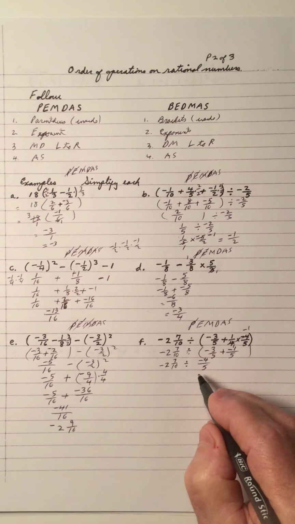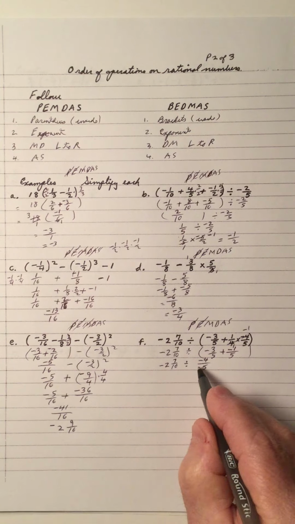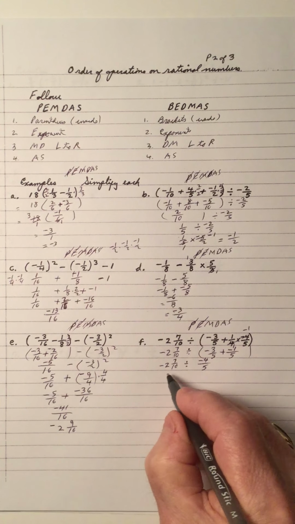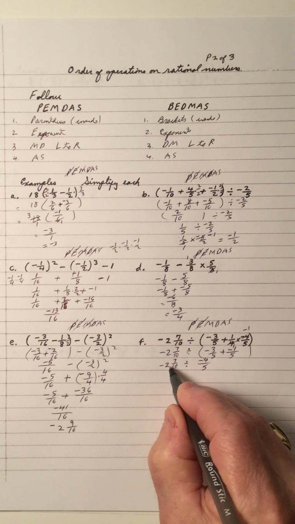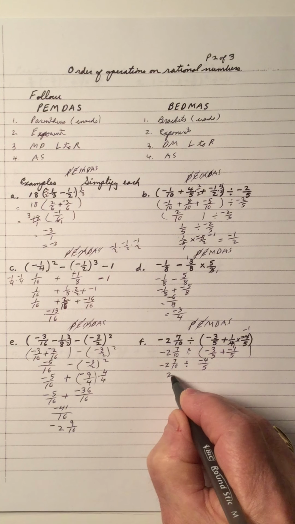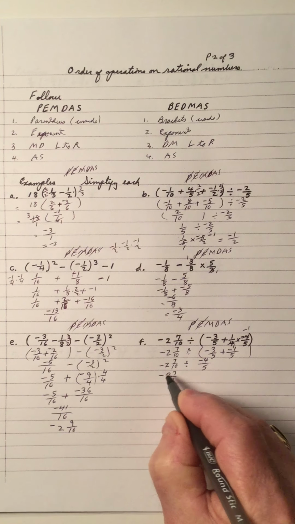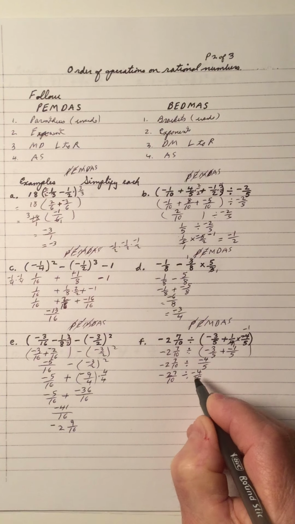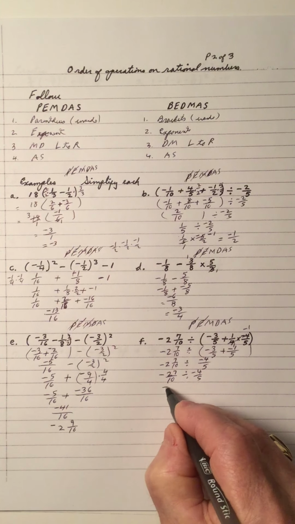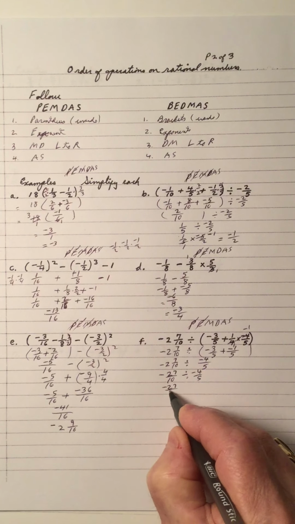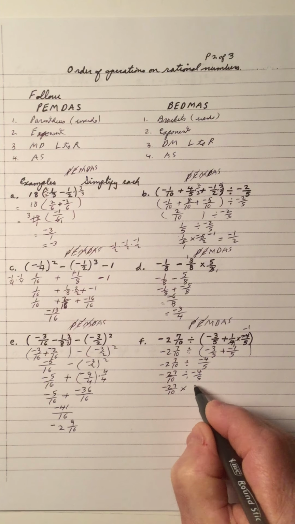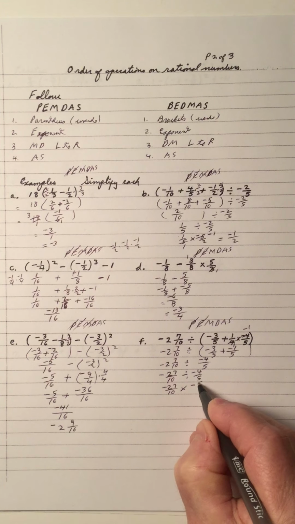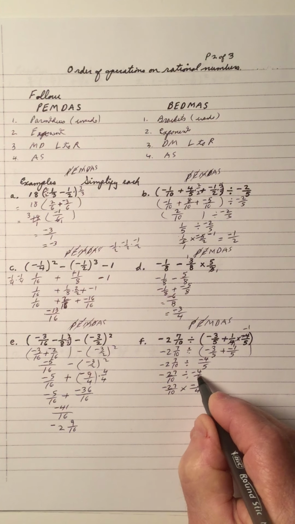So that's done. I have no exponents. Now I have to do my multiplication and division. But before I divide, I change my mixed number: 20 plus 7 is 27 over 10, negative. So I do that first. Done. Now when I divide, I multiply by the reciprocal, which is negative 5 over 4. You turn it upside down.